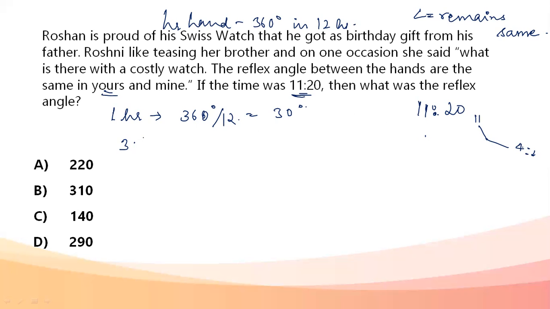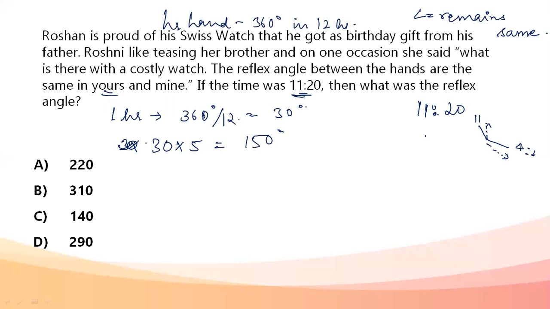So the angle is going to be 30 into 5, that is 150 degrees. Now obviously it is not going to be exactly at 11, because the hour hand has already traveled something more than 11, just as the minute hand has traveled something more than 4.